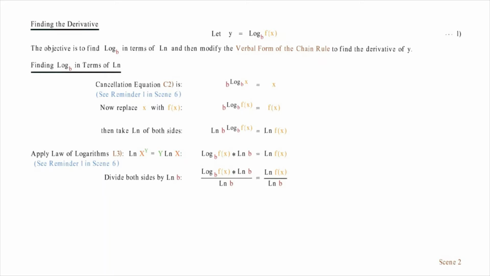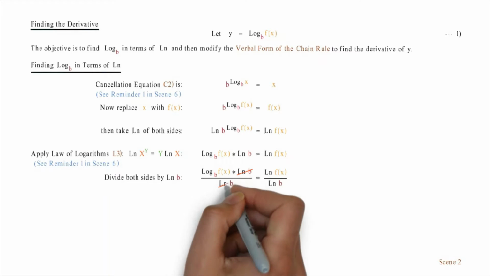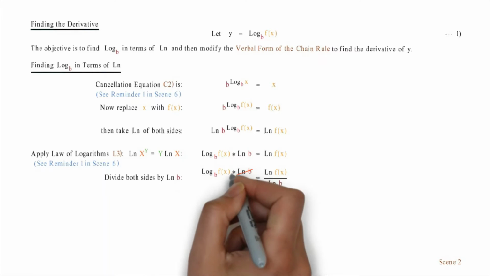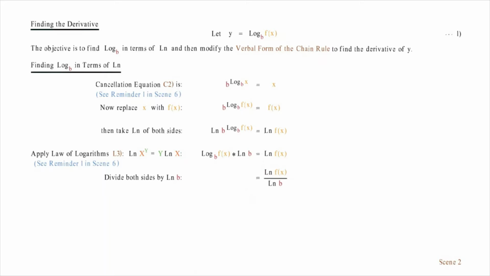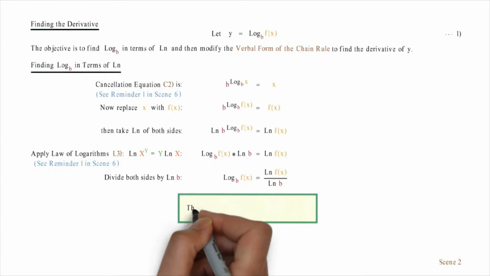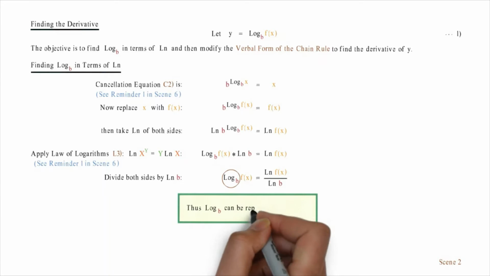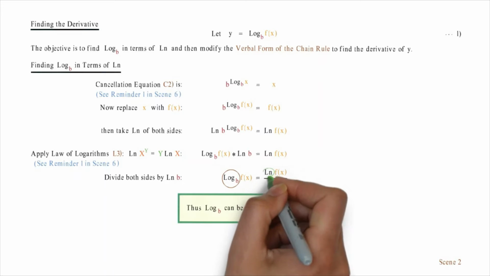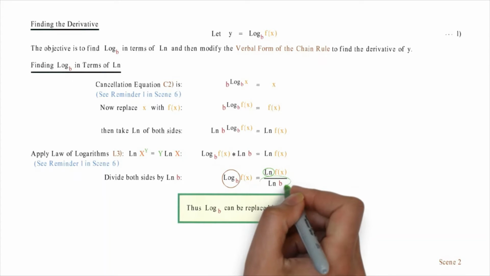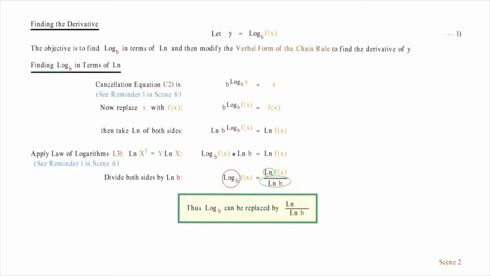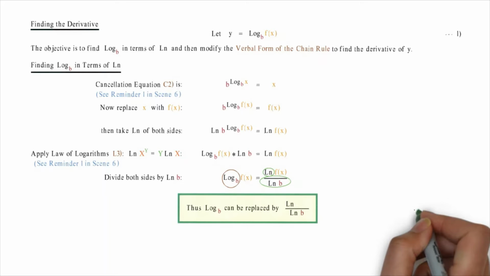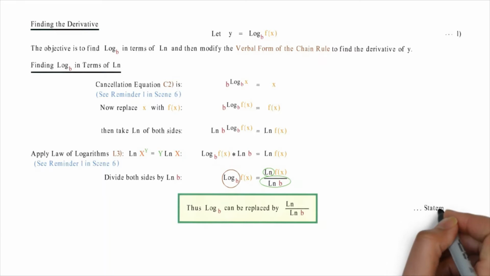Now cancel ln of b in the numerator with ln of b in the denominator. Thus, log base b can be replaced by ln divided by ln of b. Call this statement 1.